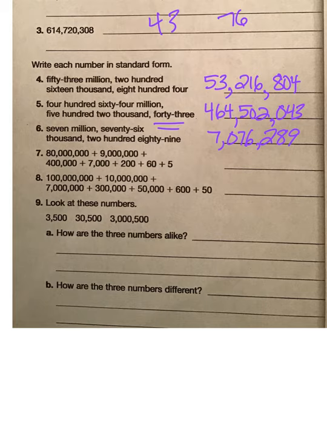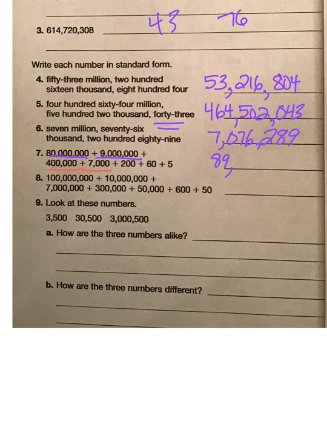The next one, the easiest way to do it is to combine the ones that are in the same period. So I would start out by combining 80 million and 9 million. Well, 80 plus 9 would be 89. So 80 million plus 9 million would be 89 million. That's an 89 in the millions place. Now I would go to the thousands. I have 400,000 and I have 7,000. Well, 400 plus 7 would be 407.